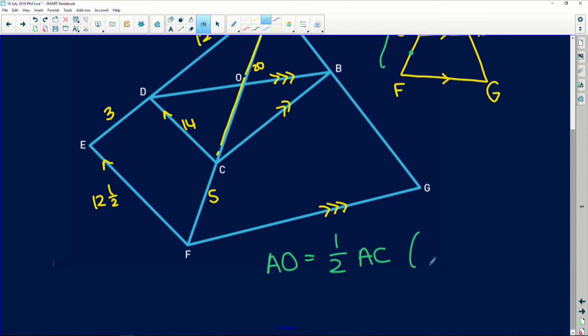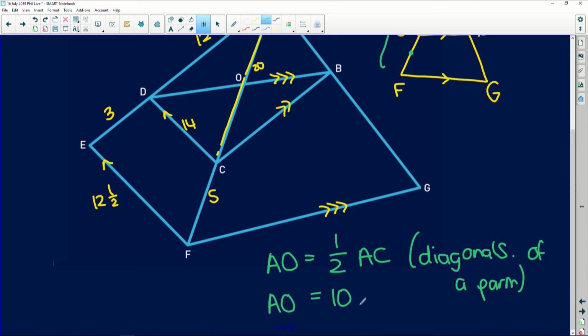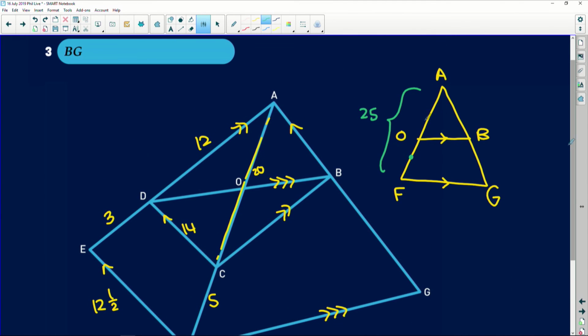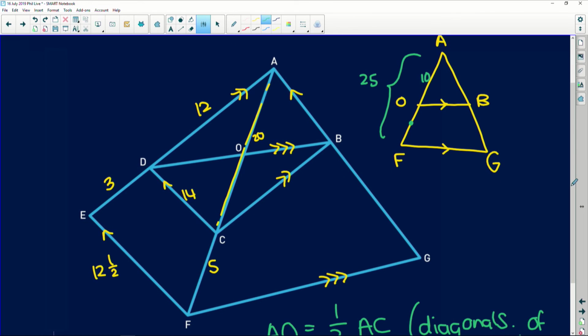Because the diagonals of a parallelogram bisect each other. So we know that AO is equal to 10 units. Okay, so up here is 10 units. Now, to find OF, we know that this whole side here, AF, is 25 units. So OF must be 15.